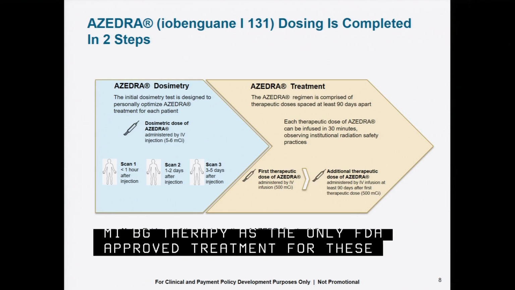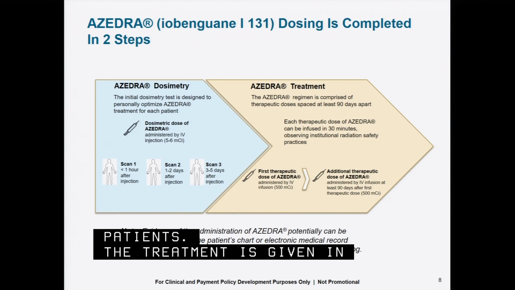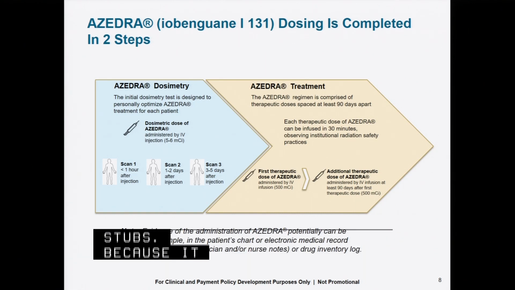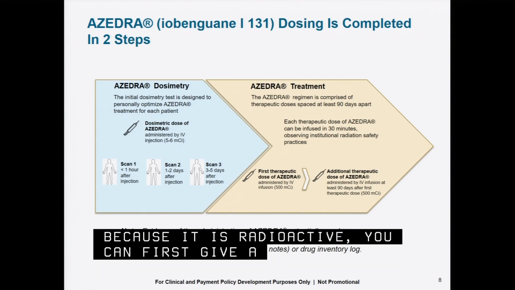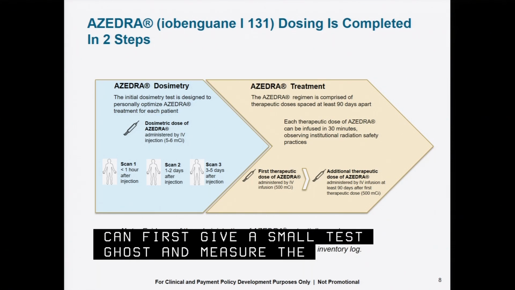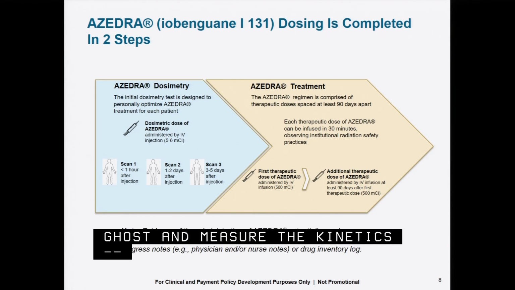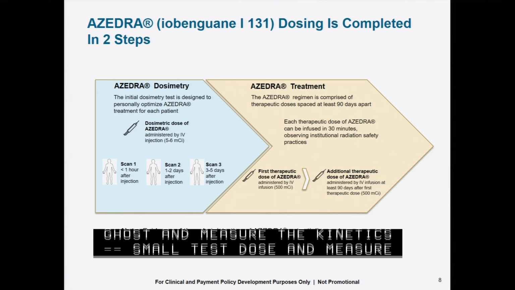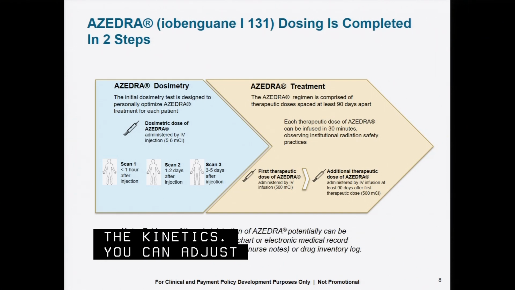Because it's a radioactive drug, you can actually first give a small test dose and measure the kinetics within the patient's individual organs, and from that figure out whether your planned dose is likely to be toxic and adjust your dosing regimen. And then that's followed with a planned 2 treatments given at least 90 days apart.